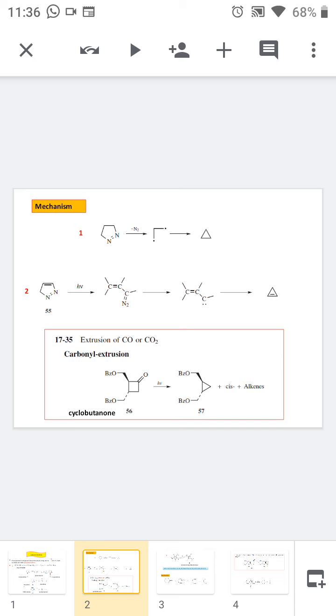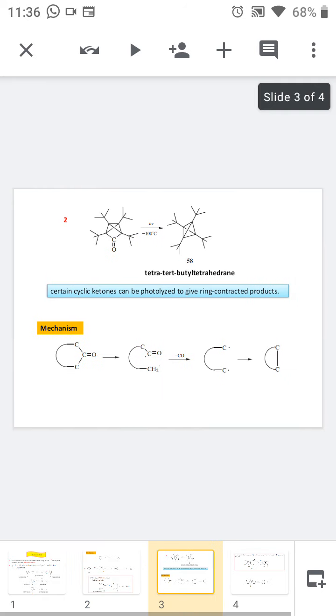See in this example, cyclobutanone undergoes the extrusion of carbon monoxide in the presence of light and we will get a substituted cyclopropane ring. Now another example is, see this is a cyclic substituted ketone.